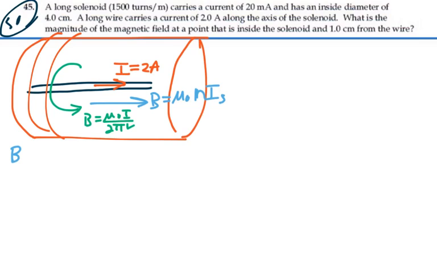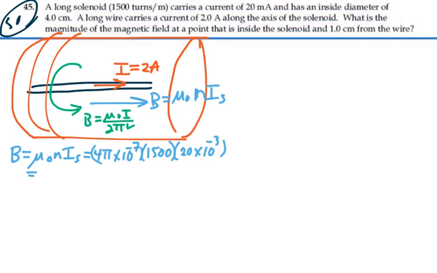So the magnitude of that magnetic field, which is mu naught little n current of the solenoid, is going to be 4 pi times 10 to the minus 7 times the number of turns per length, which is 1500 turns per meter, times the current of the solenoid, which is 20 milliamps.